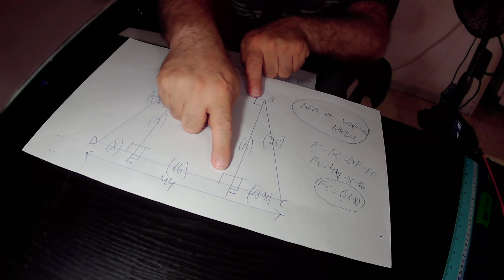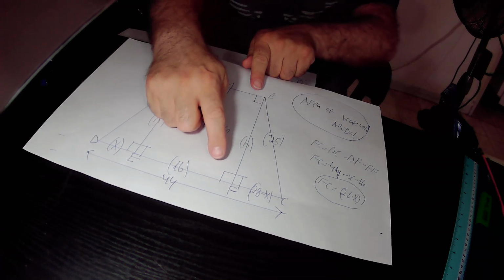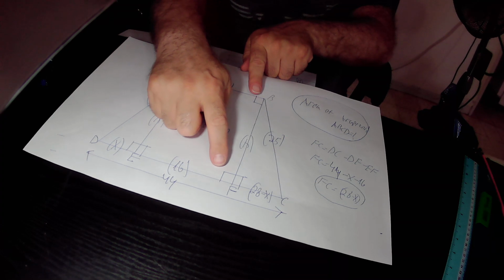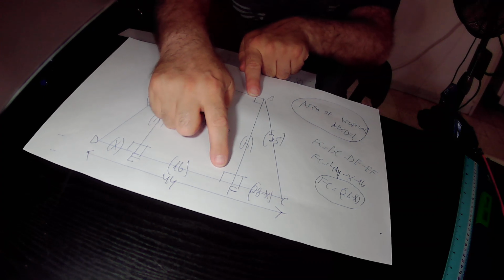But those two angles are also located on the right side of the straight line BF, and therefore they are also defined as one-sided angles. So in total, those two angles are defined as interior and one-sided angles. And according to rule 16, the sum of two interior and one-sided angles is equal to 180 degrees. So the sum of those two angles, according to rule 16, must be equal to 180 degrees.